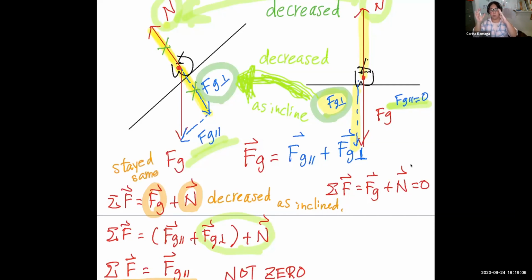The normal force decreases as the inclined plane increases because the perpendicular component of the gravitational force decreases.